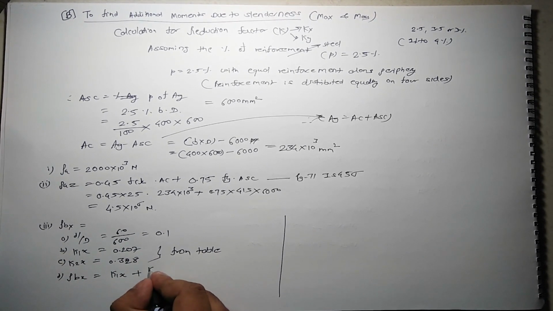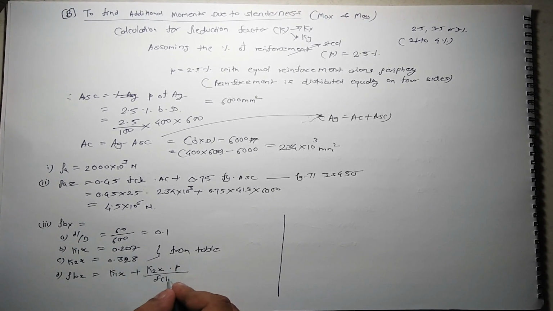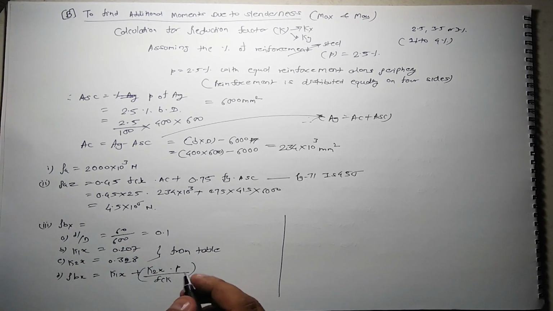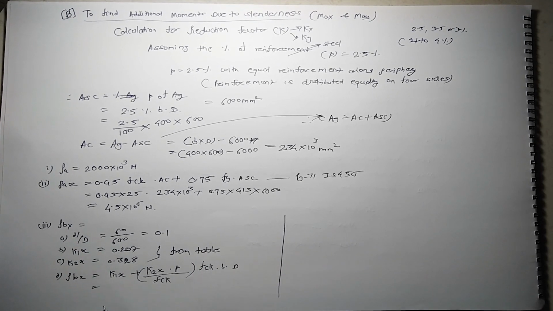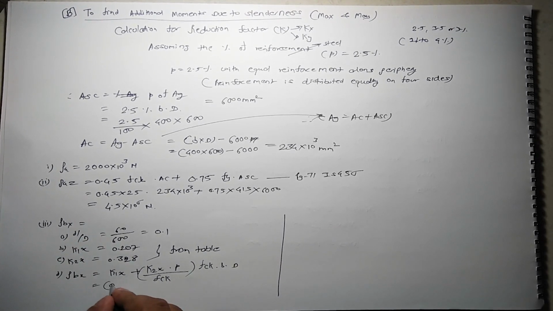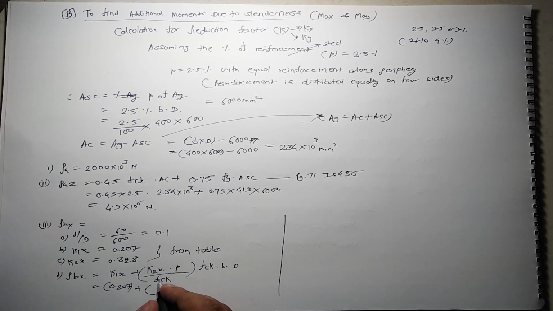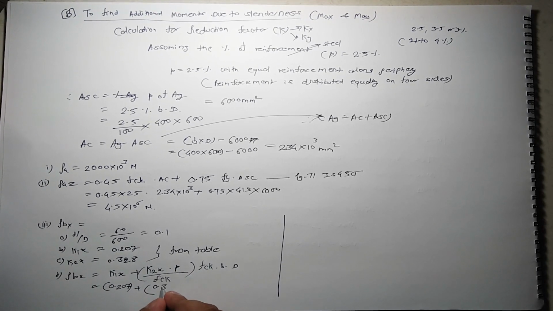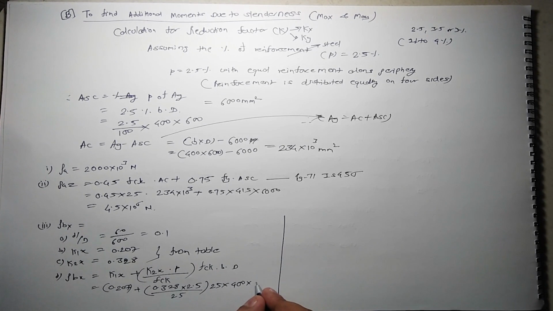Now PBX equals K1x plus K2x into percentage of steel divided by FCK, into FCK into B into D. Now you must put the value: 0.207 plus, what is the value of K2? 0.328 from the table, into 2.5 divided by 25, into 25 into 400 into 600.